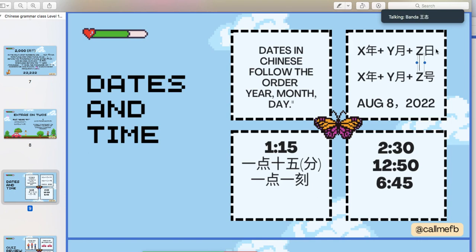How do you understand these two? What's the difference between them? Mo, do you want to give it a go? The difference between these two, this one and this one.